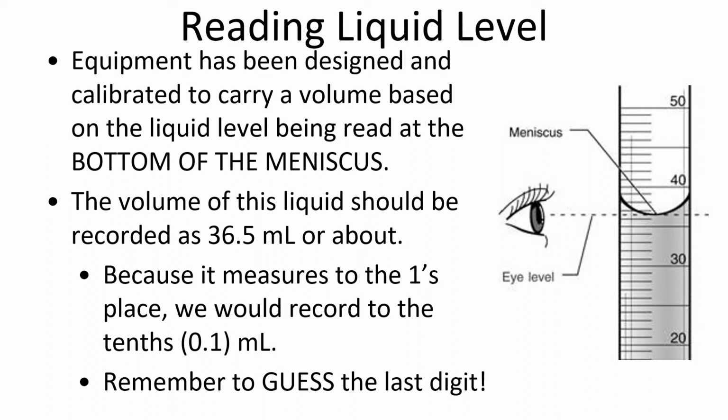For instance, the volume of this liquid should be recorded as 36.5 milliliters, or about, you may see 36.6 or 36.4. Because it measures to the ones place, we would record to the tenths place, or 0.1 milliliters. Remember to guess the last digit. That is interpolation.